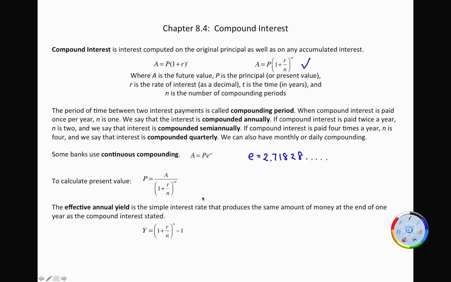Obviously, the more times you compound money, the more money you make. Likewise, the higher your interest rate, the more money you make. So to determine our best option, we can do this effective annual yield. Basically, what this does is tell me what happens to every dollar in my account every year.